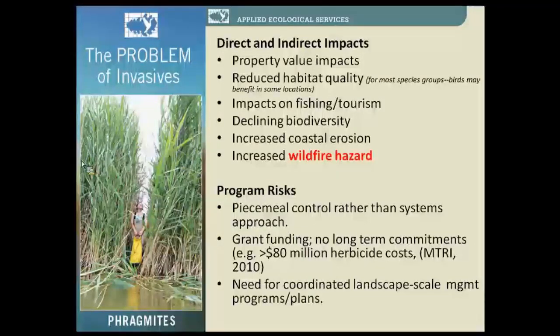We're seeing, in general, declining biodiversity below the water, above the water, and on the plant itself. The different rails and different wetland birds that typically use a more diverse emergent wetland in any setting are typically reduced significantly, down to a few species of birds.